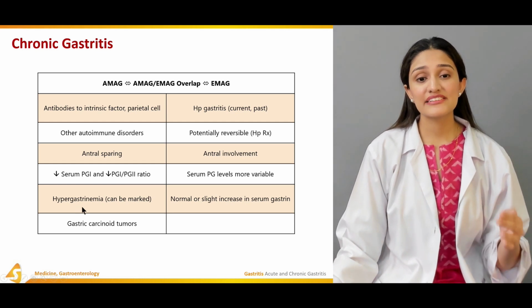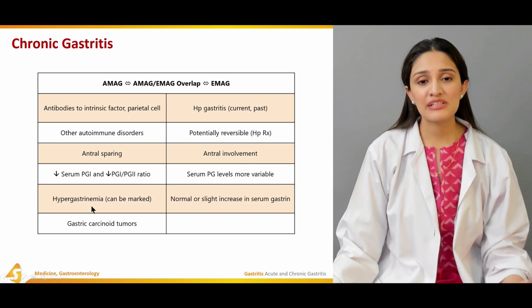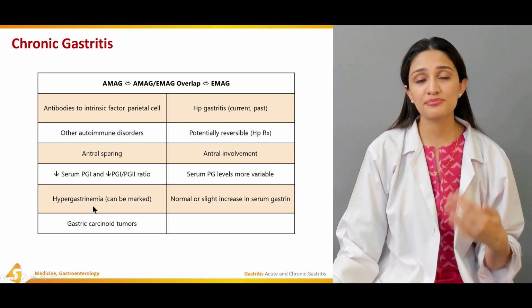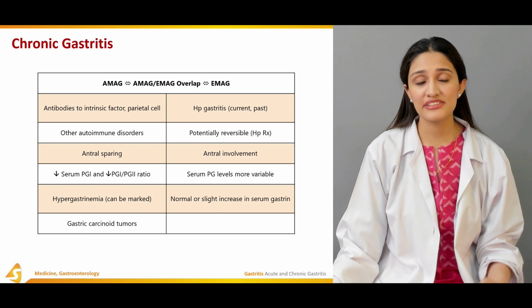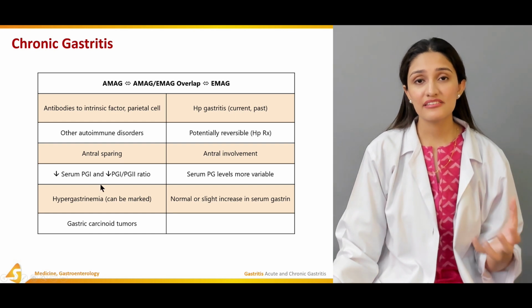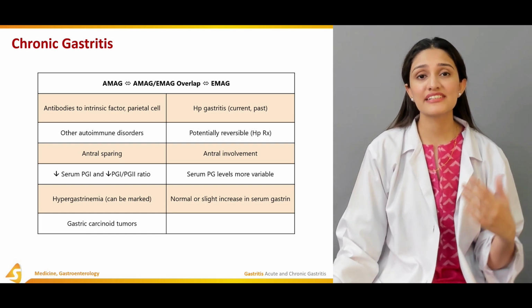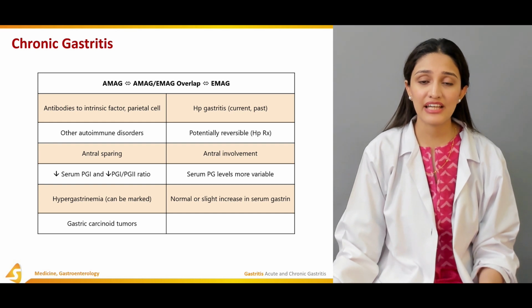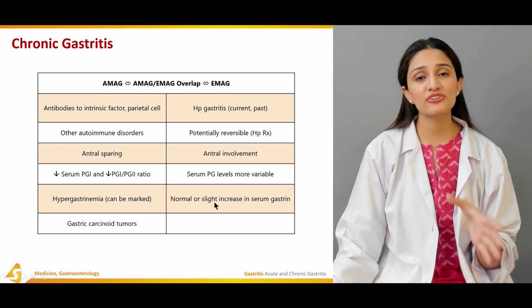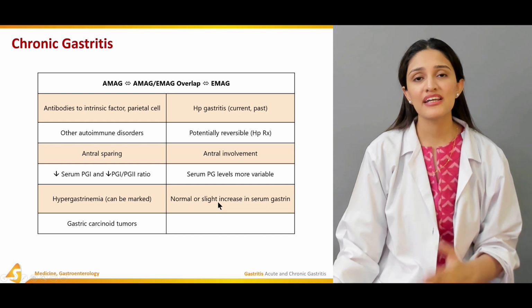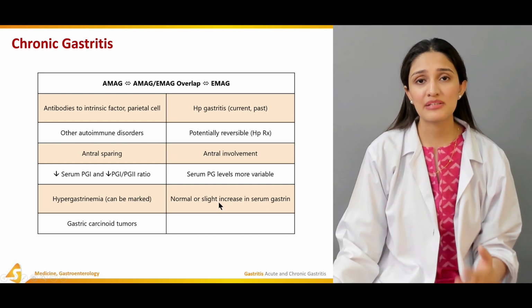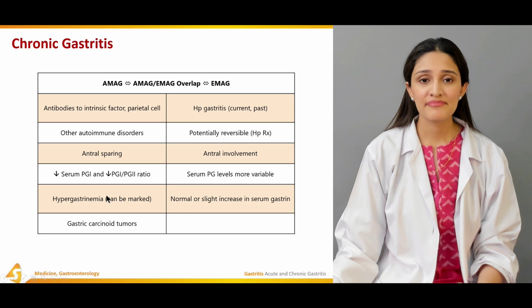Other than that, there is hypergastrinemia, which is the gastrin produced within the stomach. In autoimmune atrophic gastritis there's a marked increase in gastrin, whereas there's a normal or slight increase in serum gastrin in the environmental atrophic gastritis.